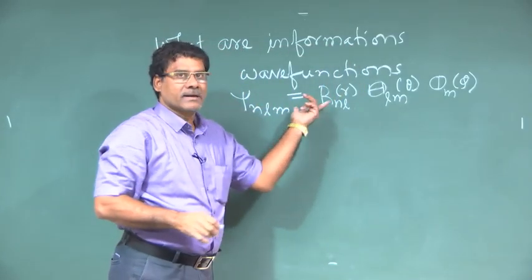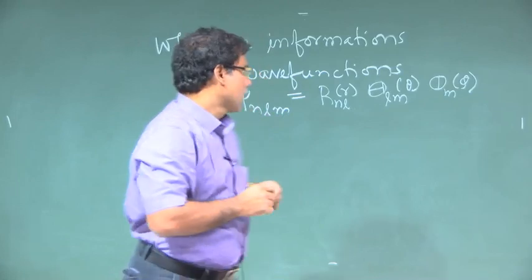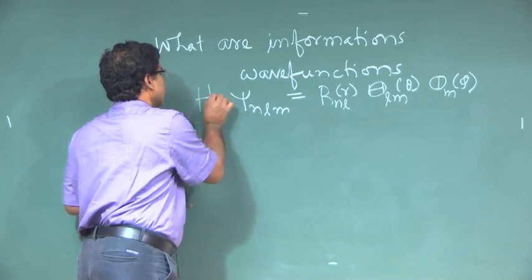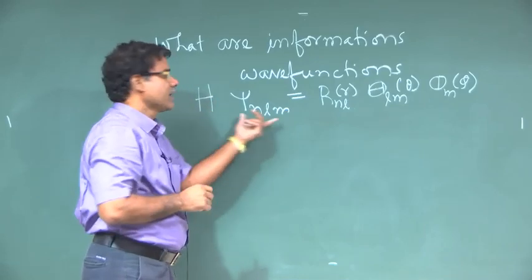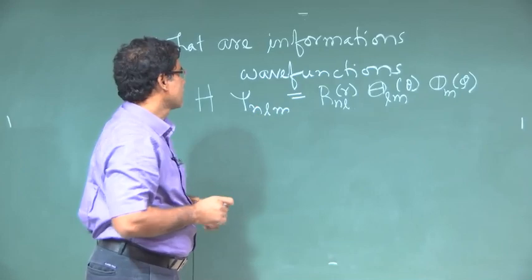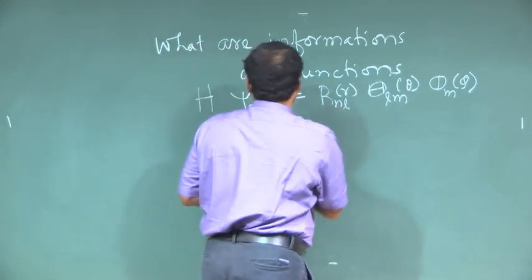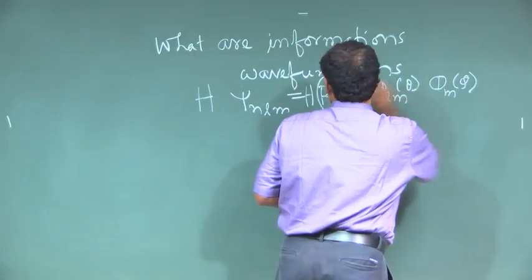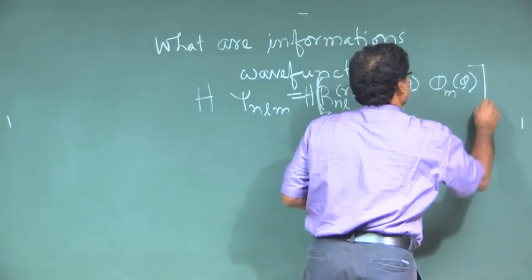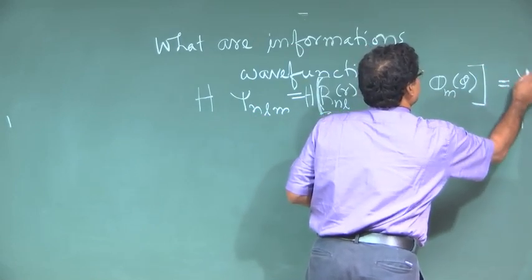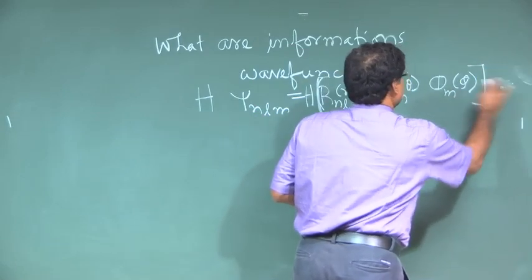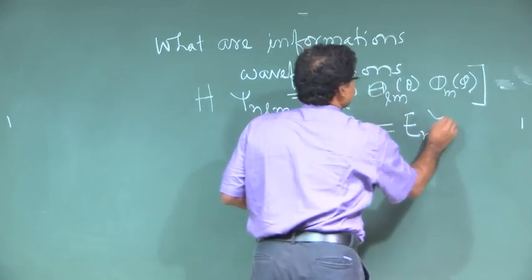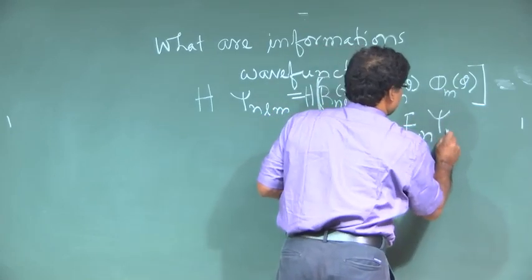Okay. So, this is the eigen function, and if you apply operators, say the Hamiltonian on this, you will get E n psi n l m.